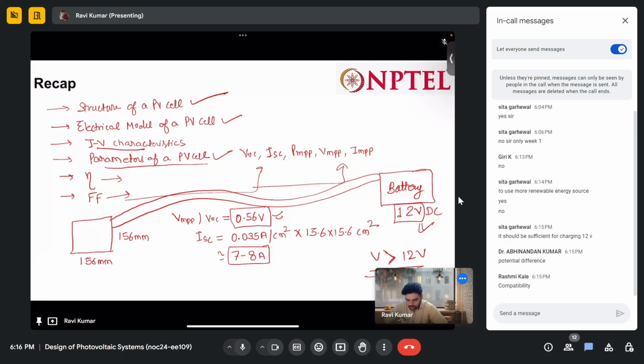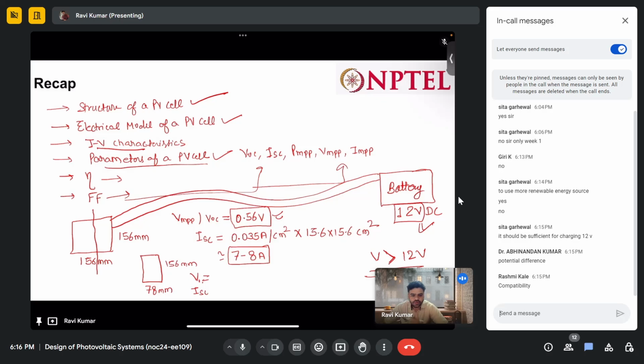Okay. Now second question. If I cut this solar cell like this, so I am having a solar cell, it is 156 mm here, and let's say 78 mm here. So what will be the voltage and current, like ISC and VOC? Any guess?